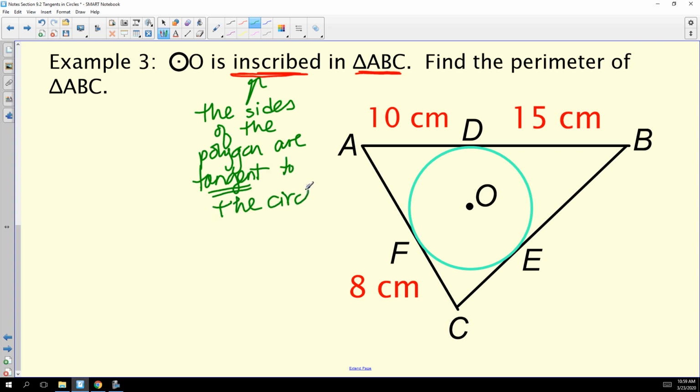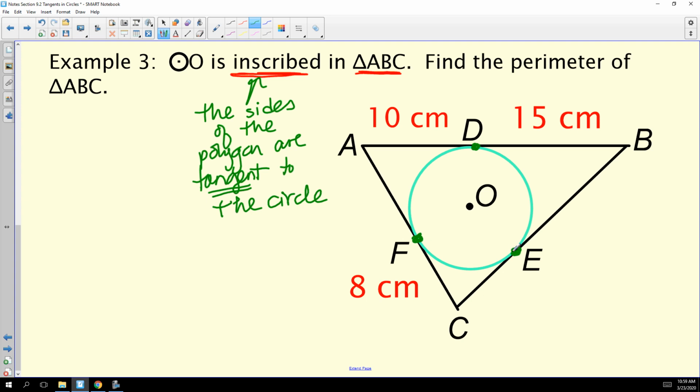If we say that the circle is inscribed in a polygon, then that circle touches the sides of the polygon at specific points, however many sides it has. Obviously, that's going to be how many points it touches. So here's what we're looking at. We want to find the perimeter of triangle ABC.